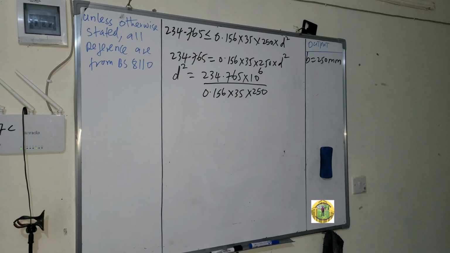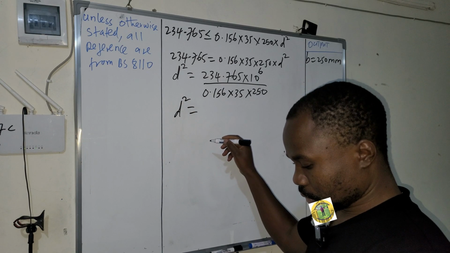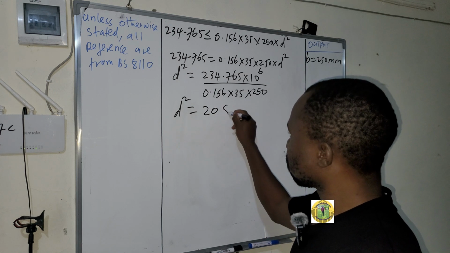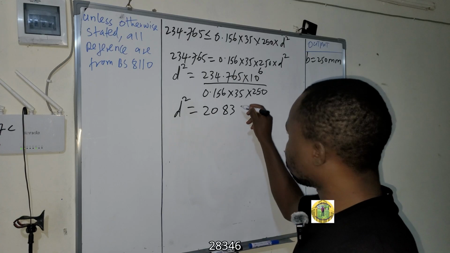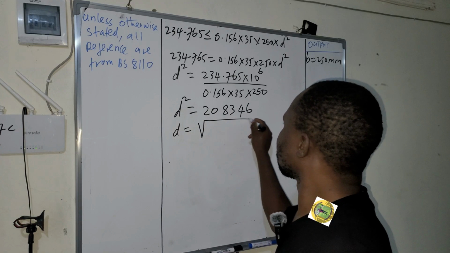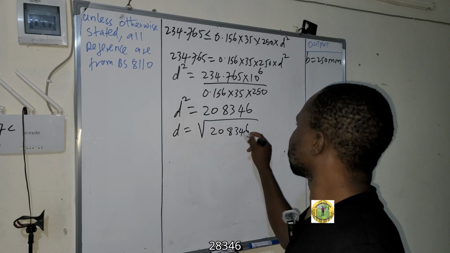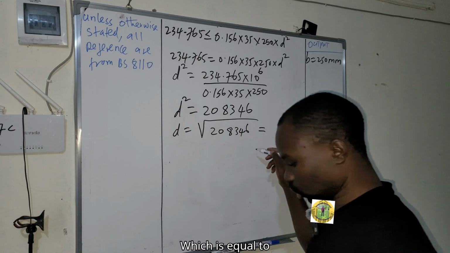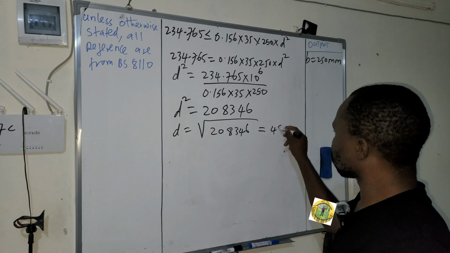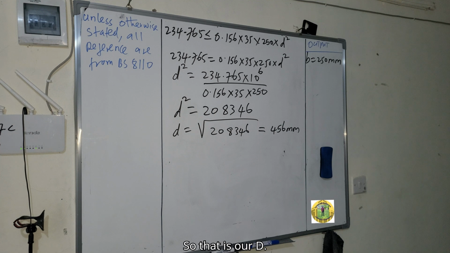So d squared is equal to 20.8346 (times 10 to the power 4). d alone is the square root of that, which is equal to 456 millimeter.